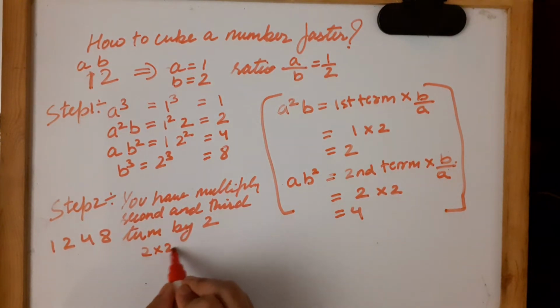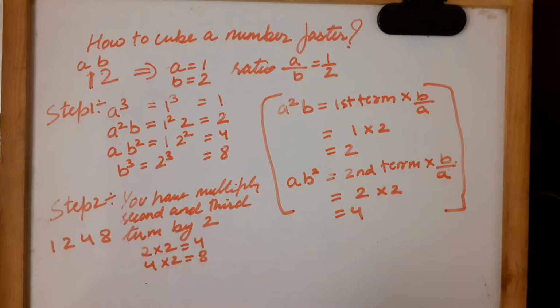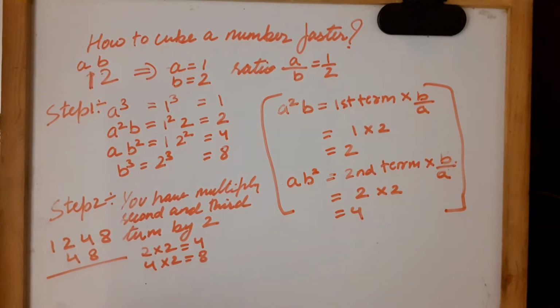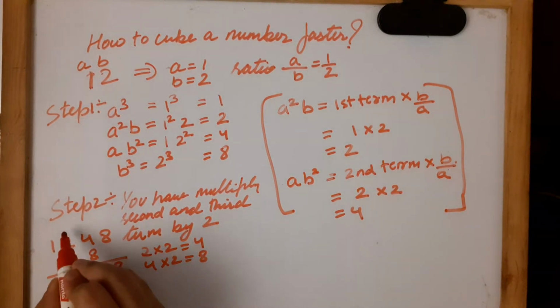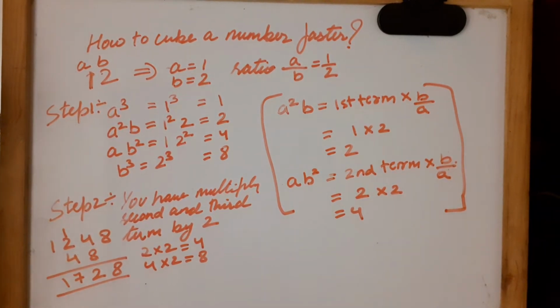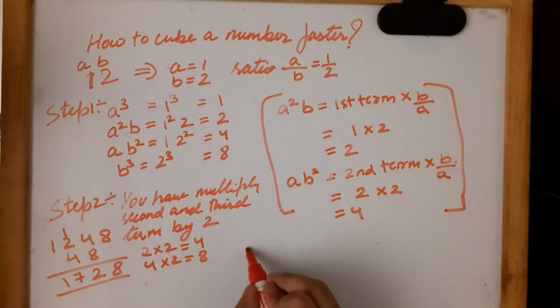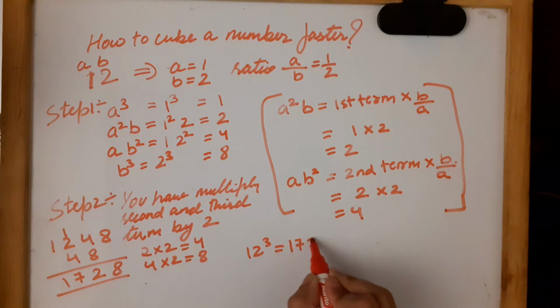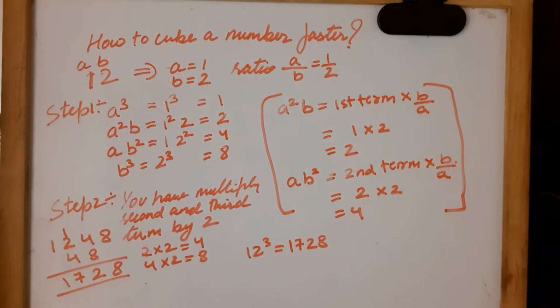So 2 2s is 4, and 4 2s is 8. Now you have to write 4 and 8 here, and you have to add it. 8, 1, 2, 7, 1, 7, 2, 8. And you know what is the cube of 12? 12 cube is 1728.